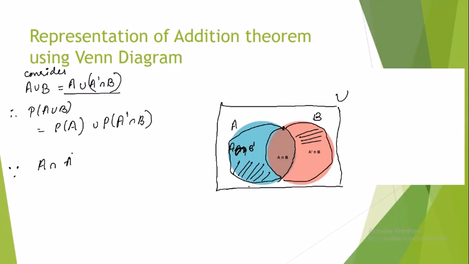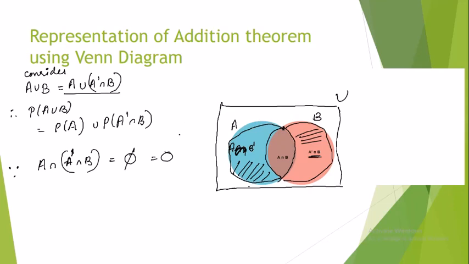A intersection A complement intersection B: is there any common element for these two sets? No, right? So it is a null set, or 0.